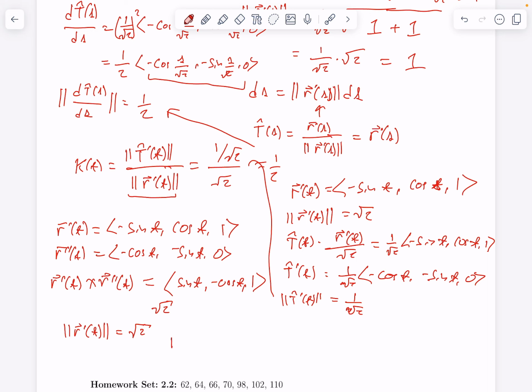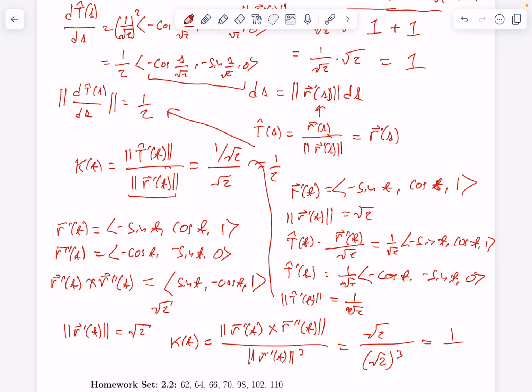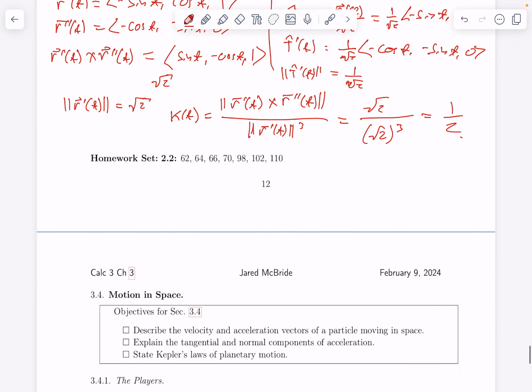And so my formula is kappa of t equals the magnitude of r prime cross r double prime over the magnitude of r prime of t cubed. That's going to be square root 2 over square root 2 cubed, and that will equal 1/2 again. So we've computed the curvature in 3 different ways.